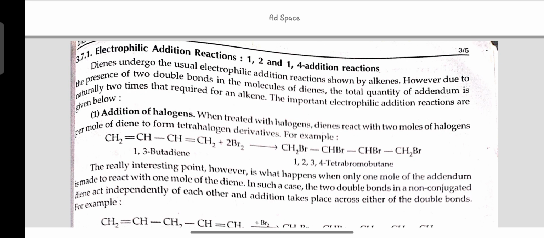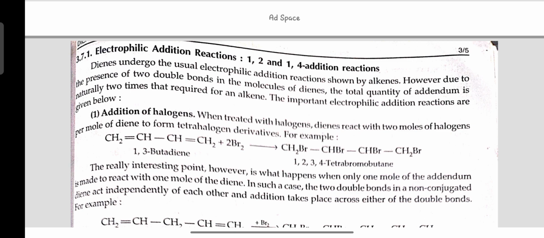3.7.1 Electrophilic addition reaction: 1,2 and 1,4 addition reaction. Dienes undergo the usual electrophilic addition reactions shown by alkenes. However, due to the presence of two double bonds in the molecule of dienes, the total quantity of addendum is naturally two times that required for an alkene.